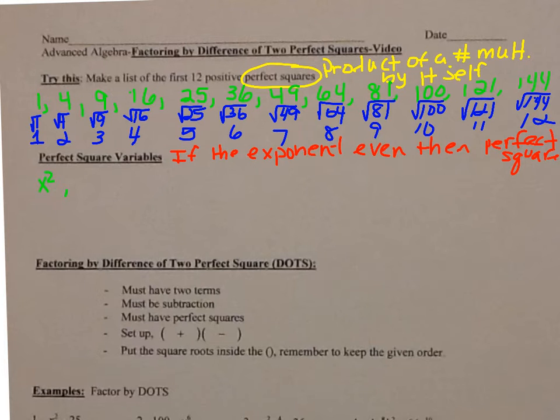All right, next would be x to the 4th, and then x to the 6th, x to the 8th, x to the 10th, and so on. The square root of x squared is just x, because x times x is x squared. The square root of x to the 4th is x squared.